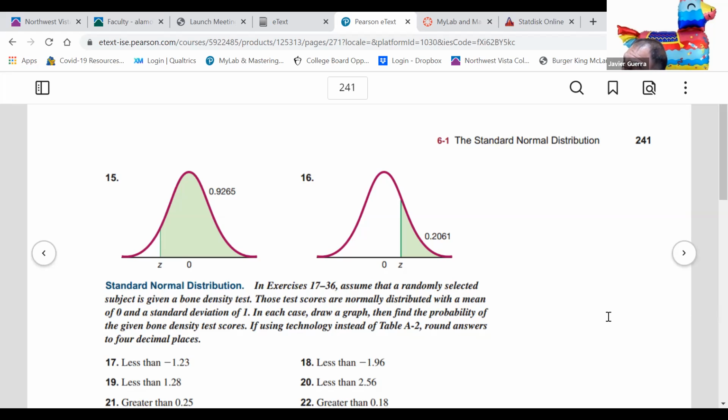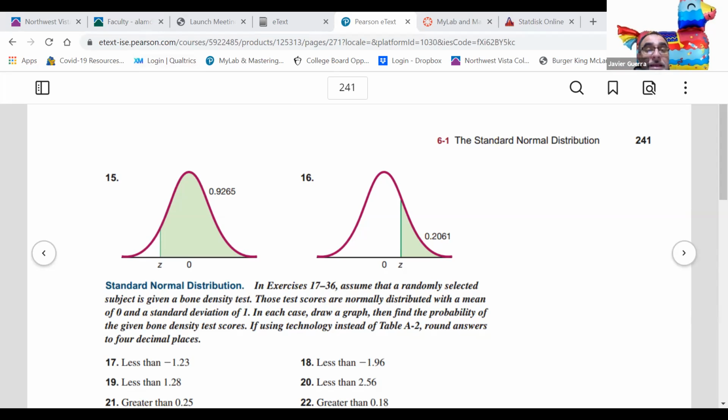It's all shaded from a line to the right. And they label the right side 0.9265, right? So what do we do?